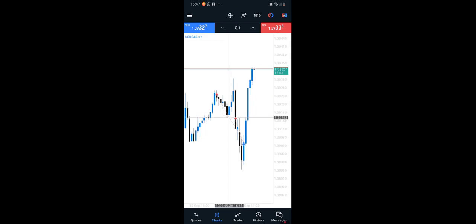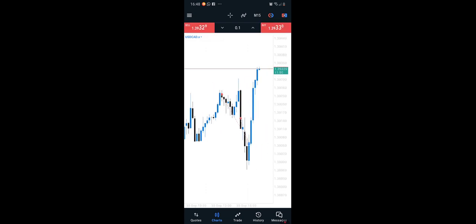I entered from this high here, because I did not set my take profits. That's why this market trades. As soon as I entered, I saw that this market had already taken the low that I wanted it to take. Then I closed. So another lesson that I learned is always set your take profit and your stop loss. So this is the trade.